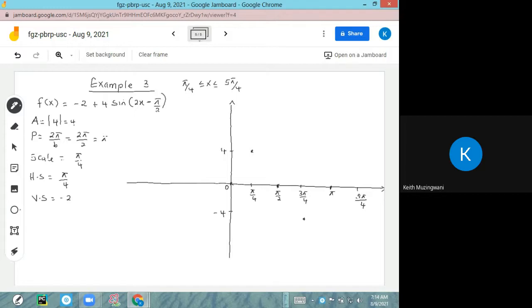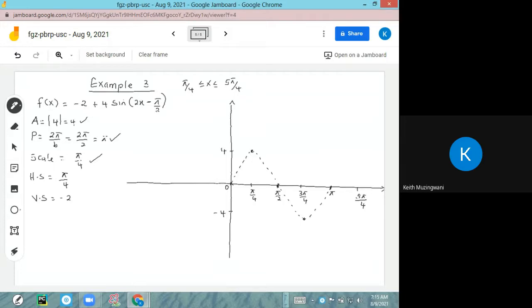As long as you have used the scale and you're starting from 0, that's how your graph will come out. So you put this in dots. This is sine. You've only used the amplitude, the period and the scale. We haven't used the horizontal shift and the vertical shift.